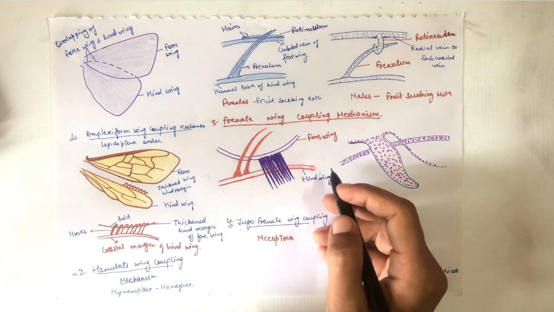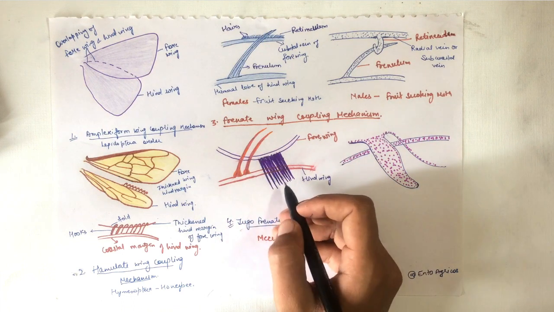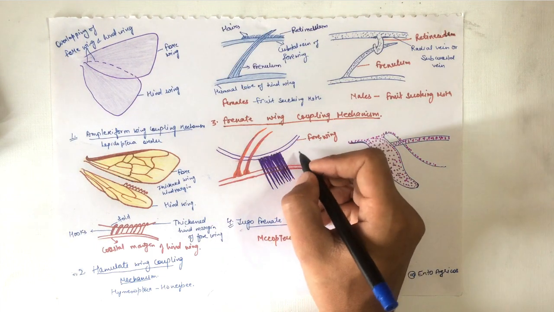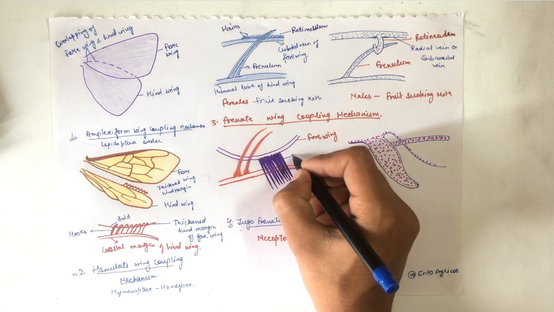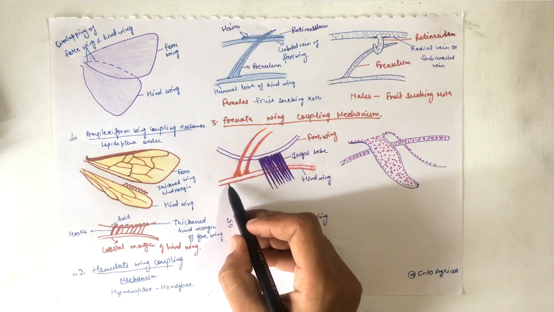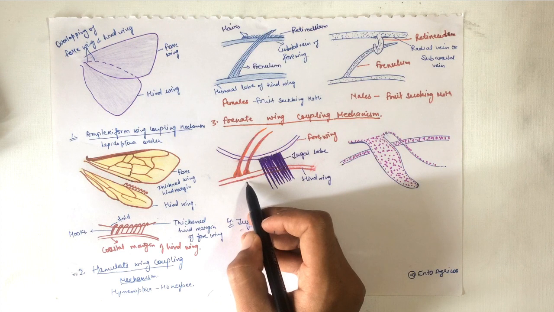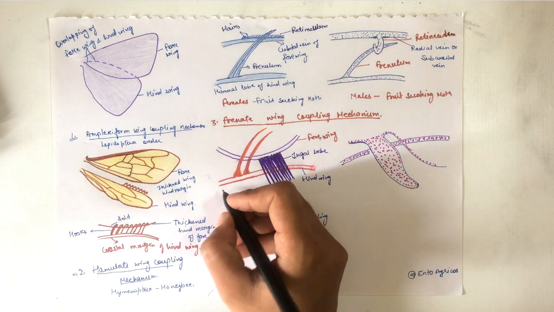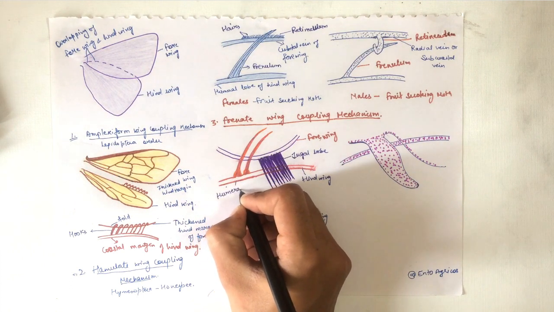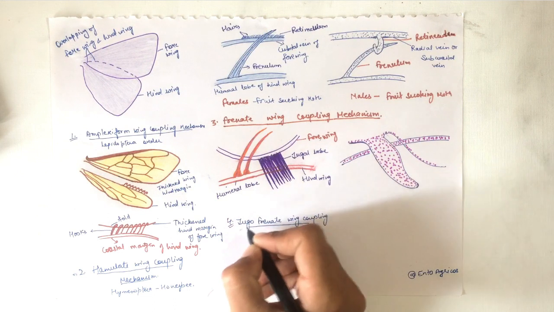So they are provided with special lobes and they are called the jugal lobe. So this is the jugal lobe, whereas the anterior portion is provided with the humeral lobe.